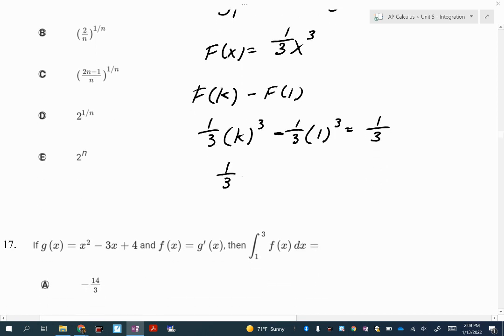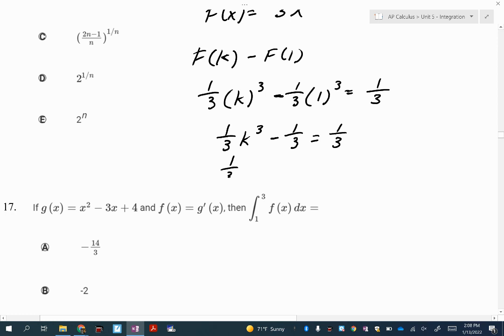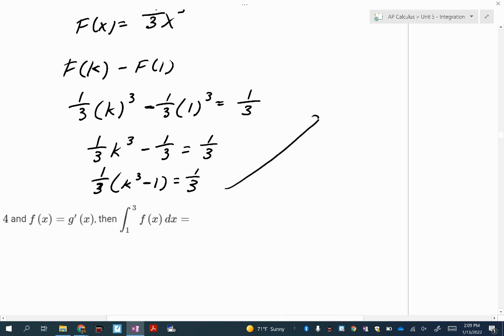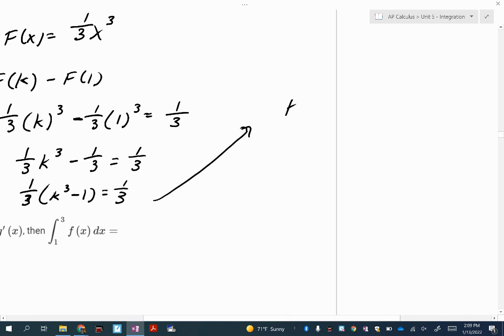So that's 1/3 k cubed minus 1/3 equals 1/3. If I factor out the 1/3, I get k cubed minus 1. If I move the 1/3 over with multiplication, I get k cubed minus 1 equals 1, right? 1/3 times 3 is 1. Move that minus 1 over, you get 2. So k equals the cube root of 2.